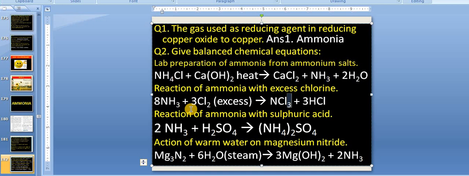When ammonia is in excess, ammonium chloride and nitrogen; and if chlorine is in excess, NCl3 and HCl. Which is the yellow explosive liquid formed? NCl3 is the yellow explosive liquid. Now the next reaction: previously one type of question also came, ammonia plus HCl gives ammonium chloride.